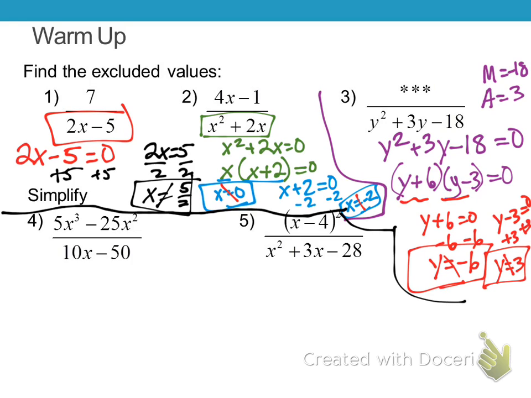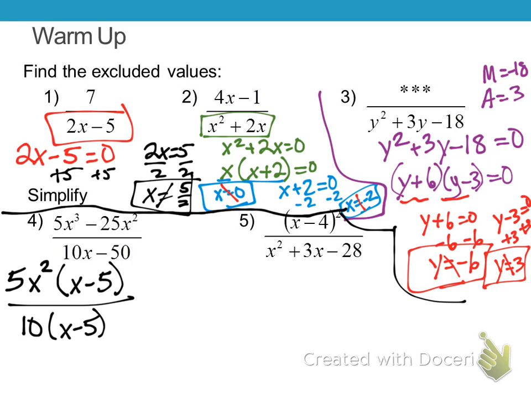Sounds good. Number 4, we're supposed to simplify. Do you guys remember how to simplify these? We factor. What can I factor out of my numerator? 5x squared, which leaves me with what? X minus 5. Good. And in the denominator, I can factor out 10, which leaves me x minus 5. 5 would work, but then you'd have to do it again because you'd end up with 2x minus 10, and then there's still a factor that can come out.